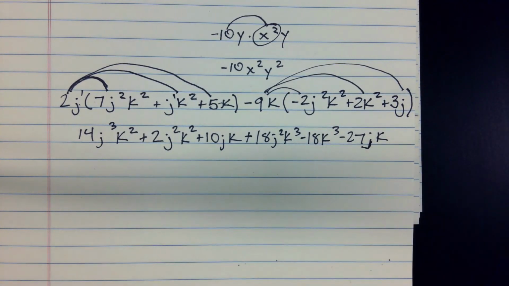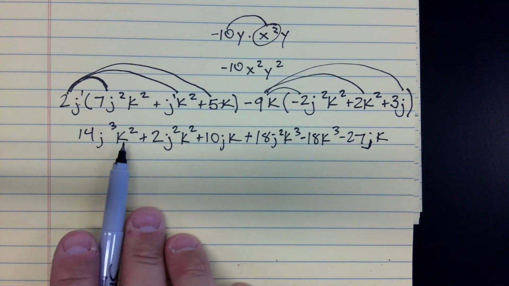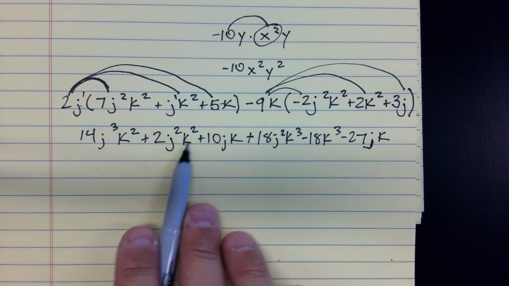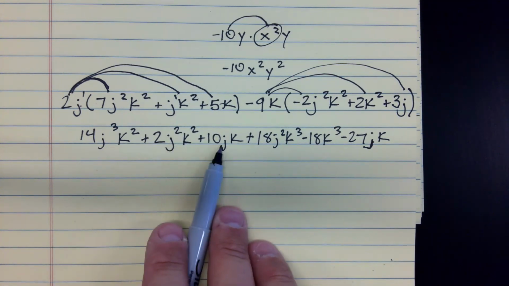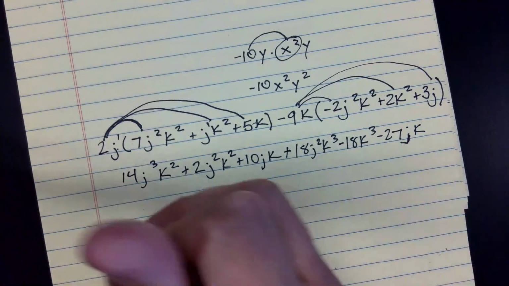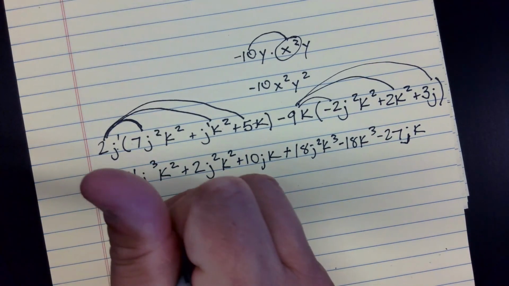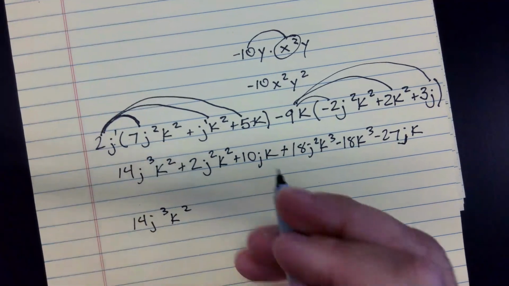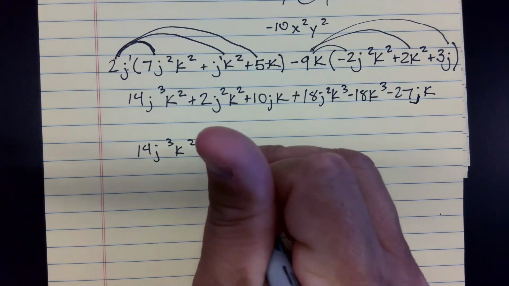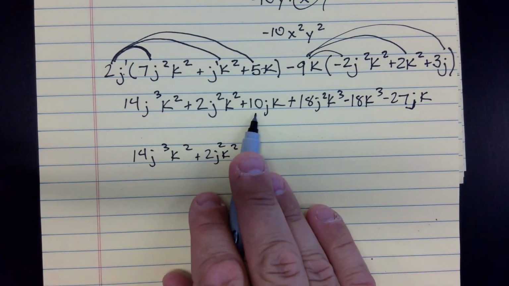Okay, we're combining like terms. Do we have a j cubed k squared anywhere? Nope. Do we have a j squared k squared? Nope. Do we have a jk?